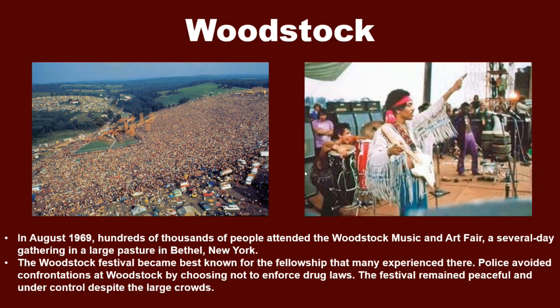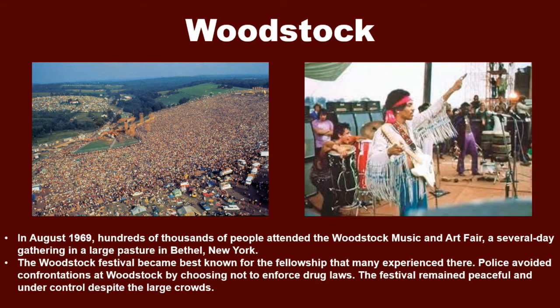And the hippie movement, counterculture movement, is going to culminate at Woodstock in August 1969, where hundreds of thousands of people are going to attend this festival in northern New York, and police are going to avoid any confrontation.